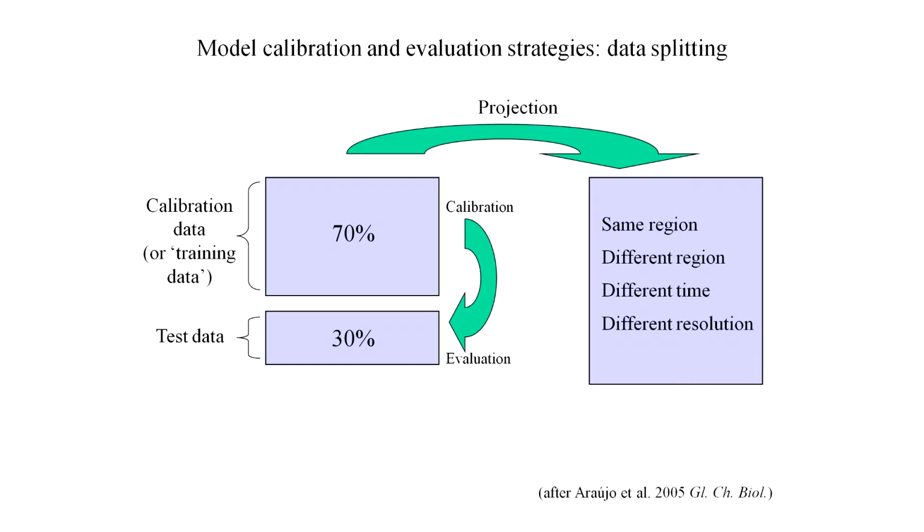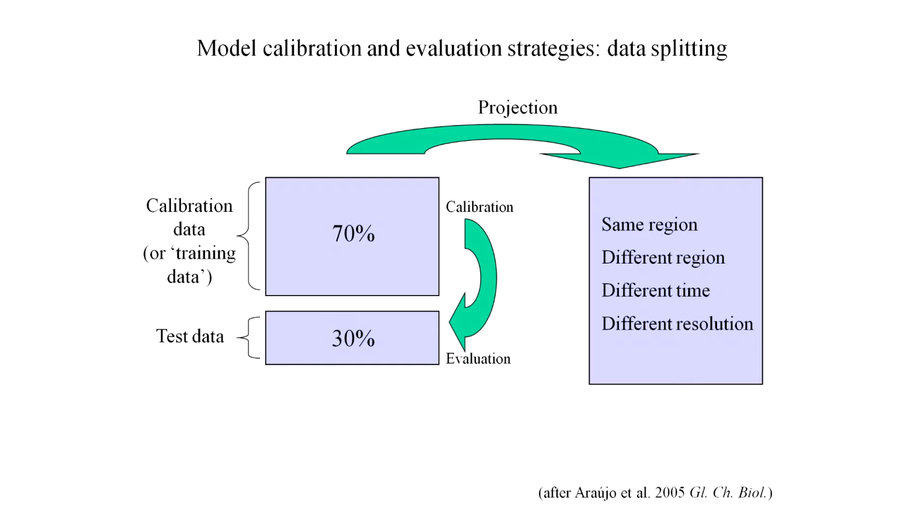A common split would be something like 70% for training or for calibration and 30% for test. But you might use 60 and 40, or you might use 80 and 20. There's not really a golden rule, but 70-30 is a sensible split.